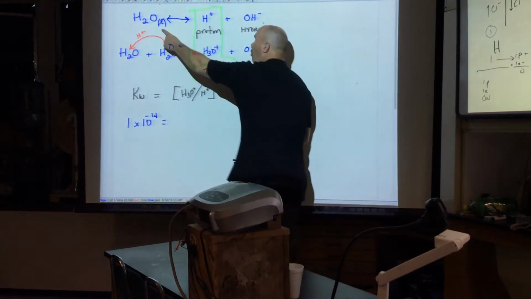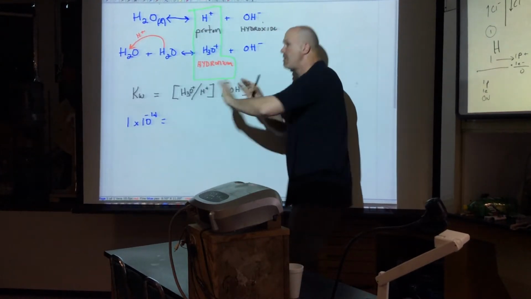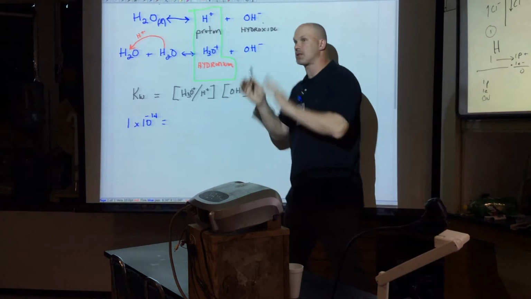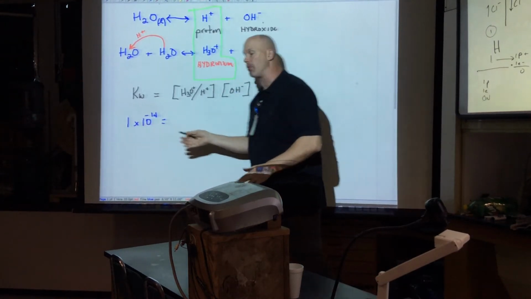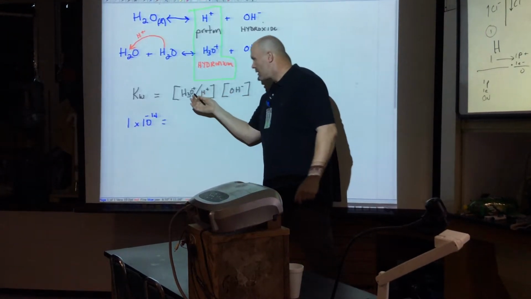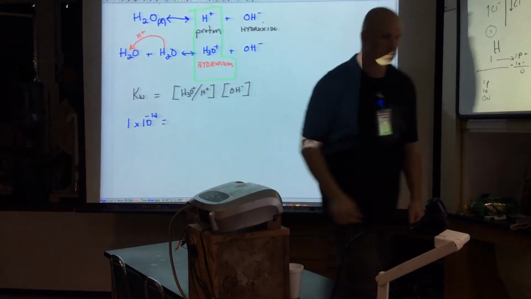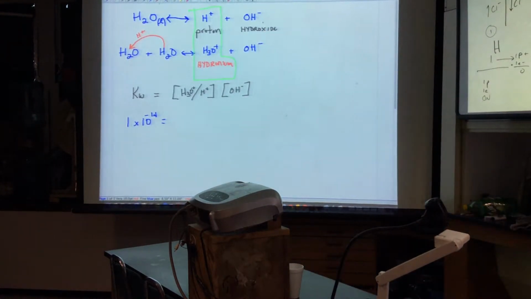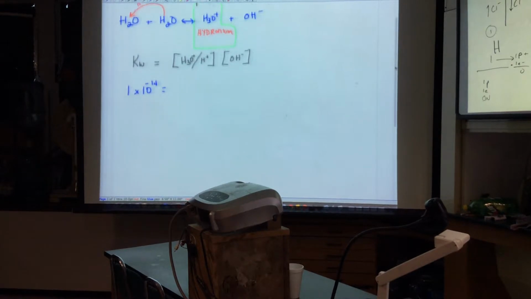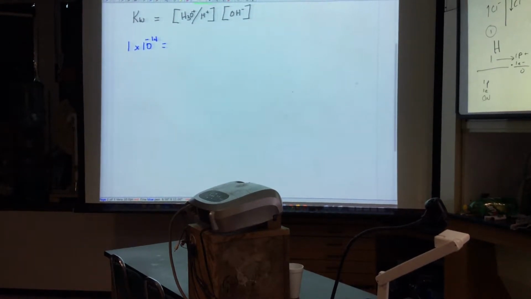Absolutely. 1 water breaks apart into 1 of these. So if I have nothing else in water, these will be the same. I know this number to be true. So what number times itself equals this? If you haven't done any exponents in your math class, I'll help you. They have to be 1 to 1 because every 1 water breaks apart into 1 proton and 1 hydroxide.